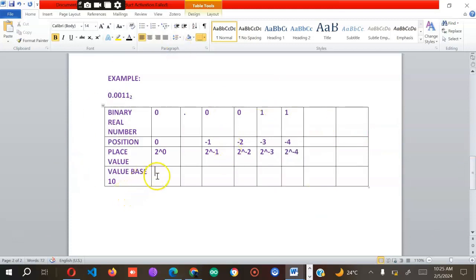Okay, when you expand this one it is supposed to give you 1, while this is a 0.5, 0.25, 0.125, and 0.0625.